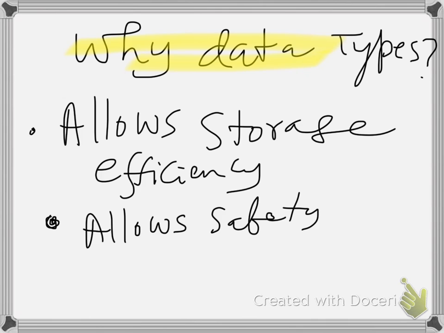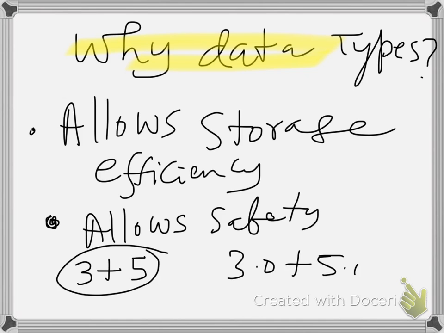For example, adding 3 plus 5 is much faster than adding 3.0 plus 5.0. If there are 3 people in one room, 5 people in another room, and all of them assemble in one room, you want to say there are 8 people. Representing 3 people and 5 people as integers is much more efficient than representing them as 3.0 people or 5.0 people. These are some of the reasons why we have data types in Java.